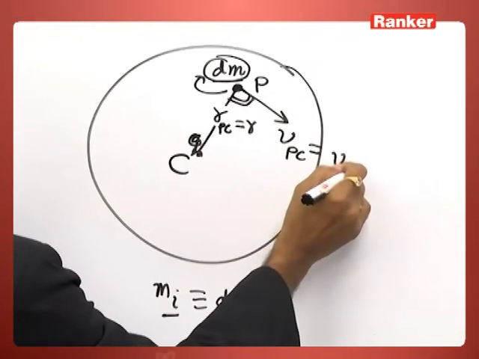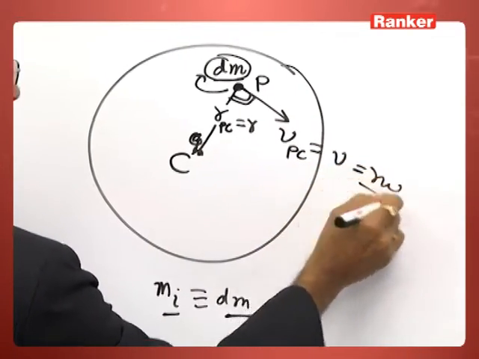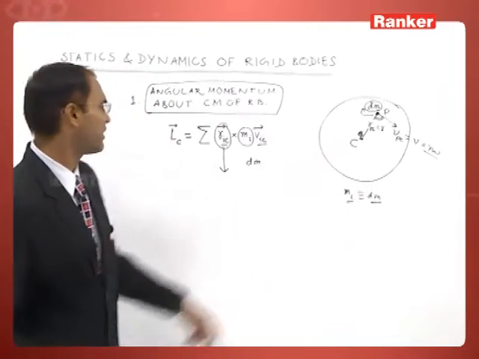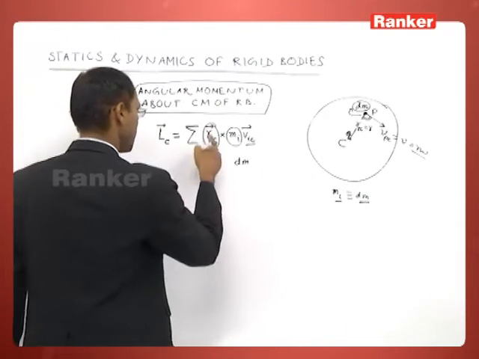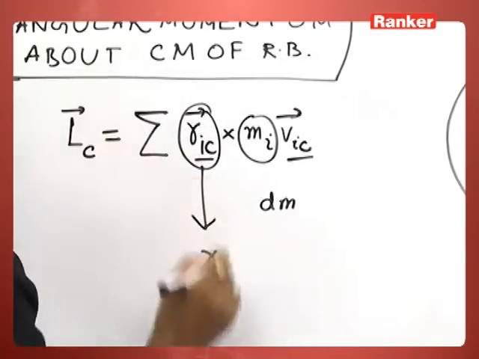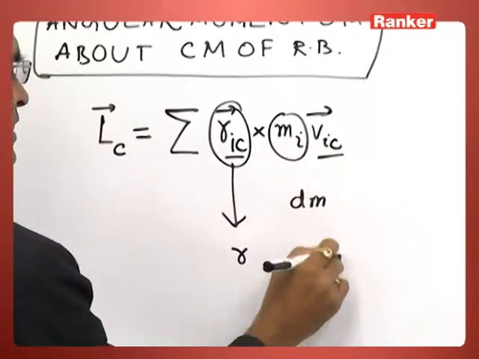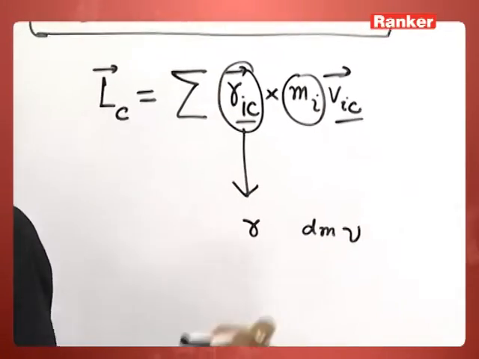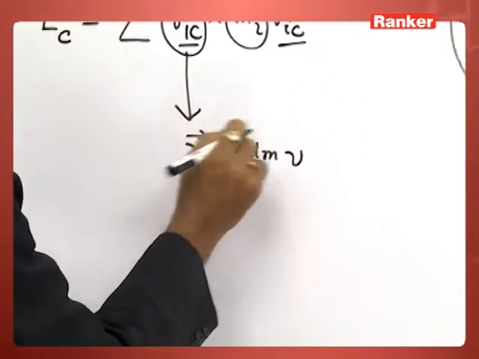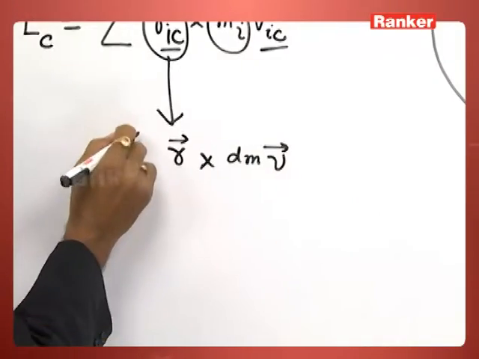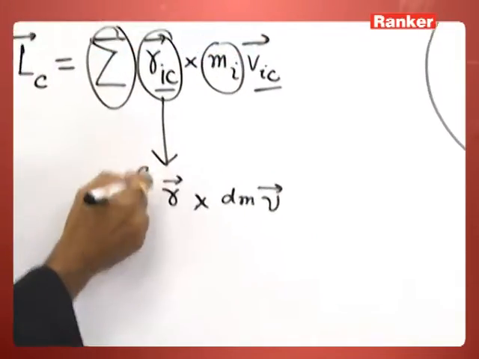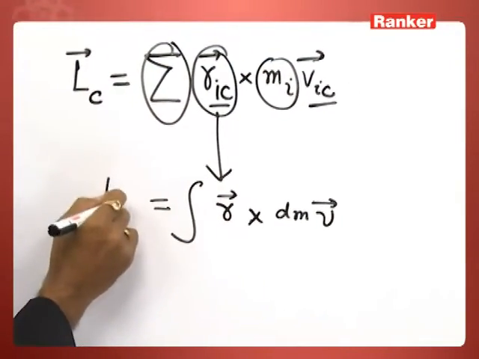So vpc is equal to v is equal to r into omega as per the kinematics of rigid body. So instead of ric, this is r. Instead of mi, this is dm. Instead of vic, this is v. And the cross product is there. And instead of summation, it will be integration.